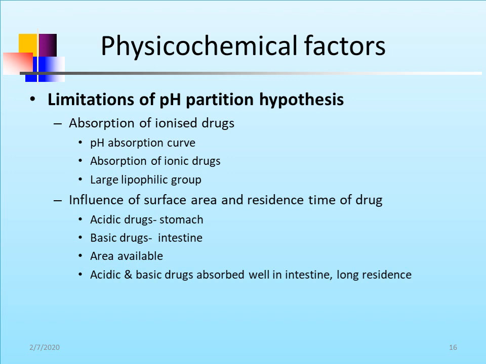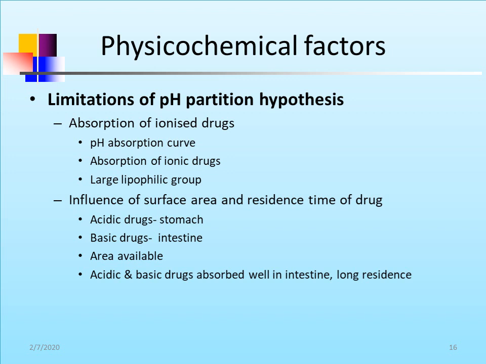The next parameter is the influence of surface area and residence time. As we know, acidic drugs are well absorbed in the stomach and basic drugs are well absorbed in the intestine. The surface area of the stomach is very small, and also the residence time is very short in contrast to the intestine.